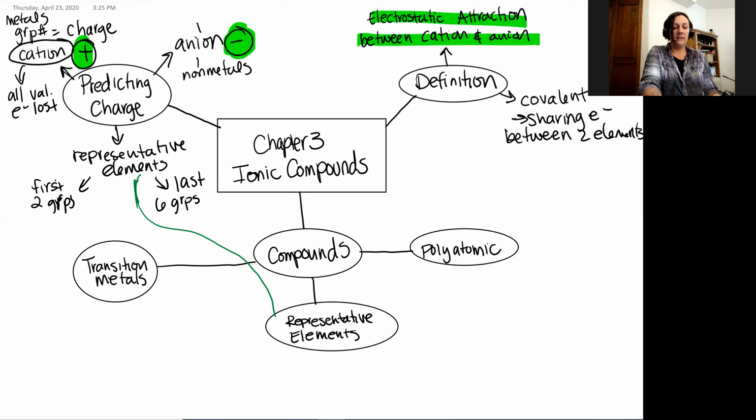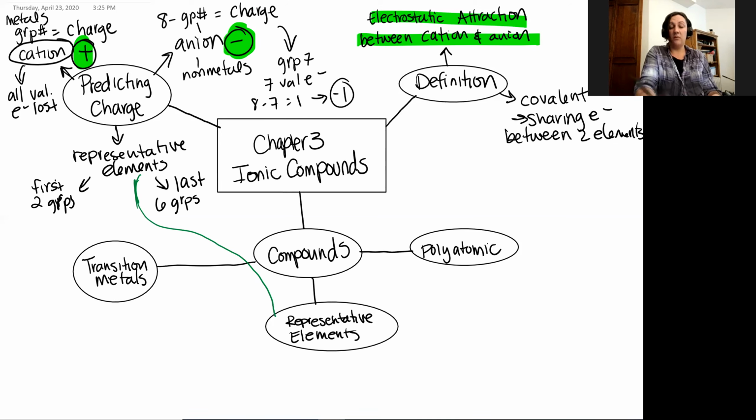So 8 minus the group number, or you can think of that as the number of valence electrons, will equal the charge. So for example, if it's in group 7, that means there's 7 valence electrons, right? So my charge would be 8 minus 7, that's 1. So my charge is -1 for that element.